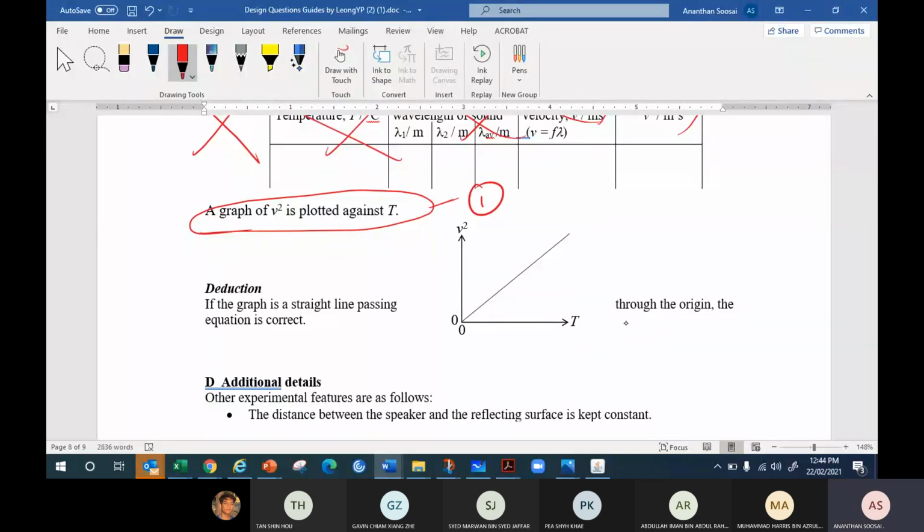You say a straight line, 1 mark, passing through the origin, these two together 1 mark. Here they forgot to tell what the gradient is. You must tell what the gradient is, that's 1 mark. What the intercept is, these two together is 1 mark. Sometimes you can get 1 extra mark. So that's a detail mark.